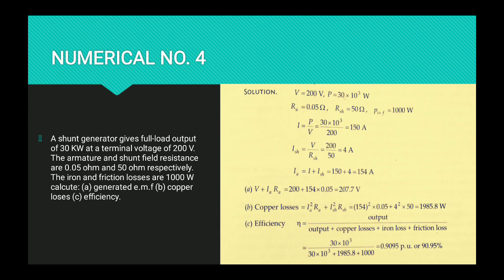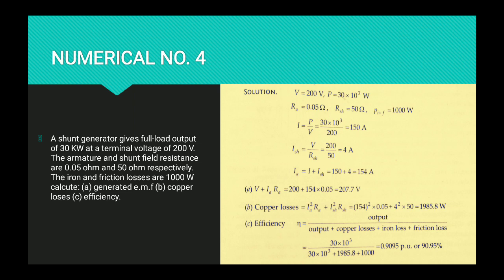And copper loss means the I square R loss in the windings and in the conductors. So there are two copper losses, one in armature winding, another in field winding, that is shunt field winding. That is IA square RA, the copper loss in the armature winding.